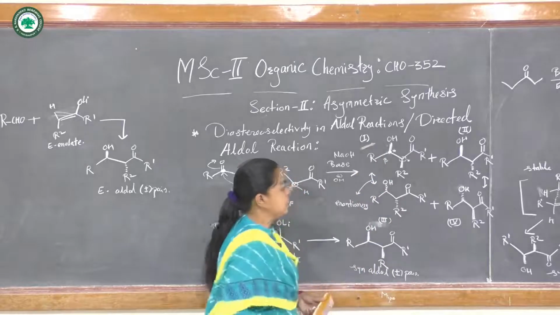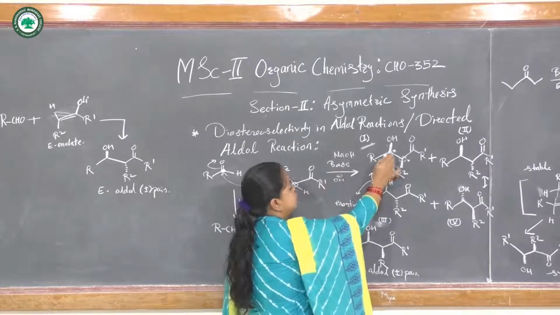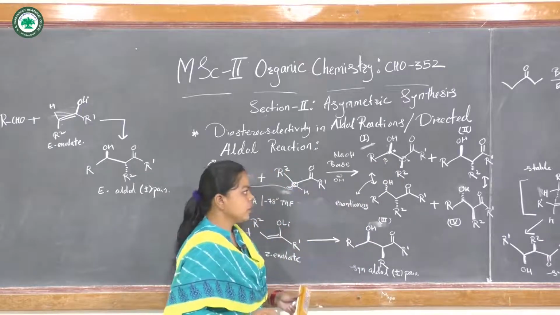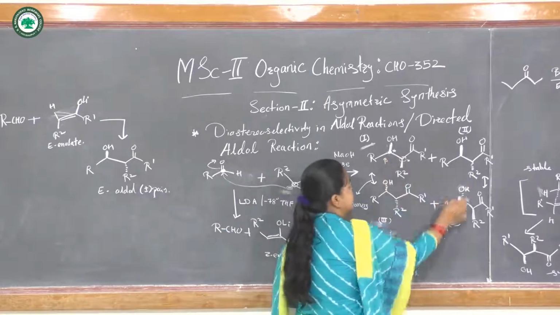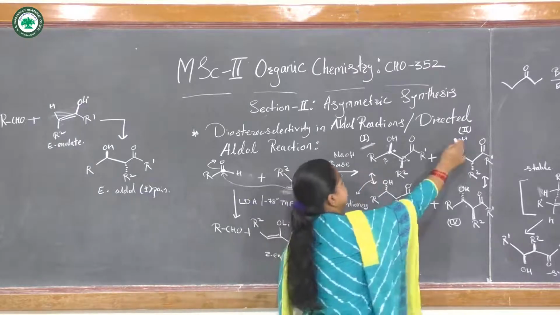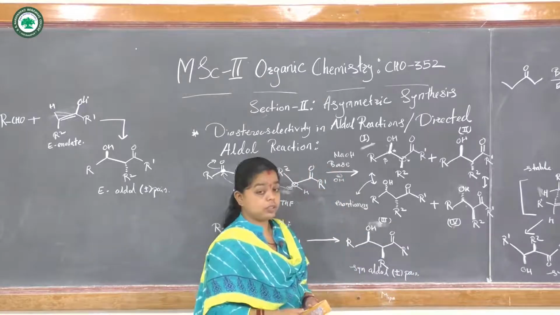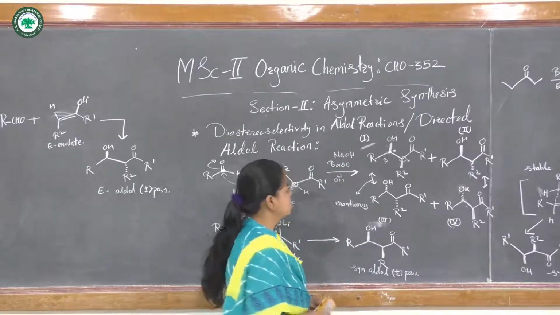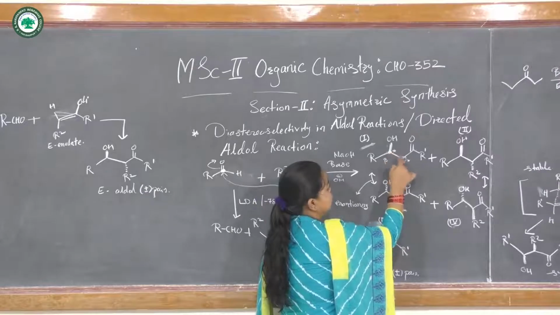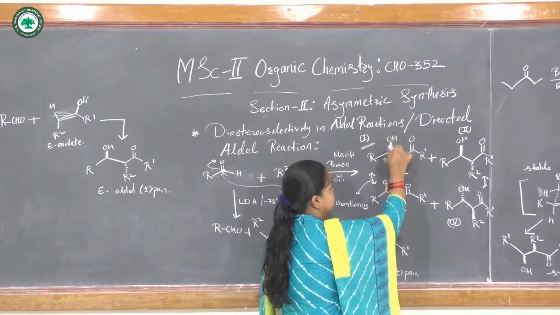Now if we consider this reaction, 2 chiral centers are generated and these 4 stereoisomers are formed. One compound first, second, third and fourth. Now let us see carefully the structure of these compounds. Here the 2 chiral centers corresponding to these beta oriented groups are present.